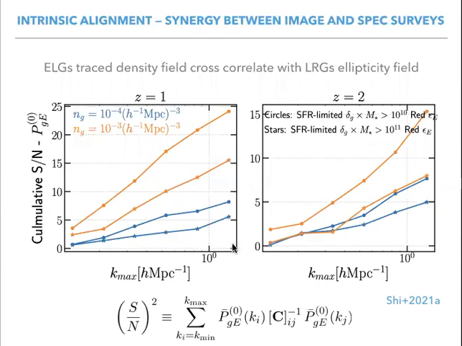If our measurement can reach the scale of k equals roughly 2, for the case of PFS-like and DESI-like surveys, we can obtain a signal to noise ratio of intrinsic alignment of 8. However, if we can increase the number density, we can significantly increase the signal to noise ratio.